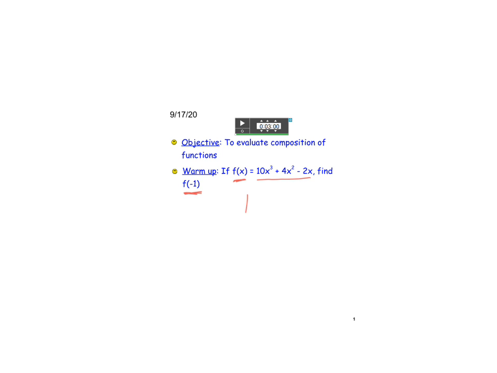That means I'm taking the 10x cubed plus 4x squared minus 2x, and I'm replacing the x's. I put parentheses. It makes my life easier, especially when I'm putting it in my calculator, and I am plugging in the -1.